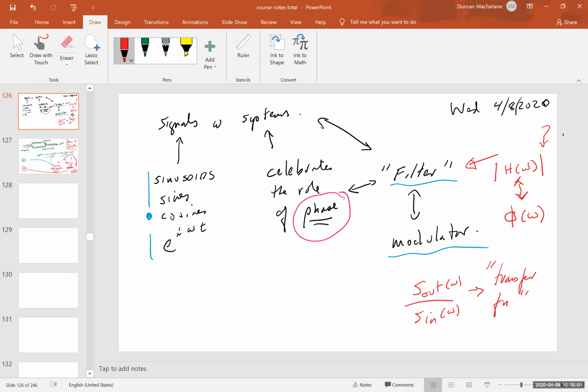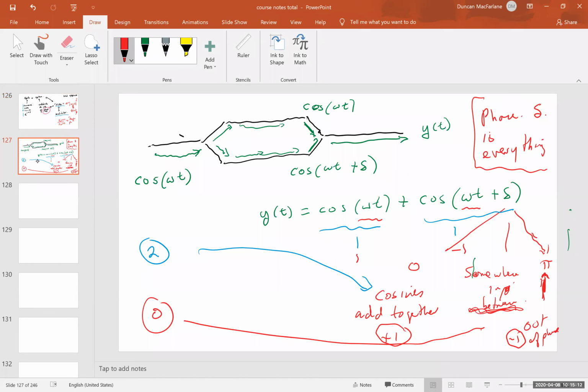But what I'm saying is we can also understand the operation of filters if we look at the phase response. And this particular system shows the entire operation is governed by phase. So it's straightforward to think about this not from an amplitude response, but from what's going on with the phase of the signals on the input to the output.